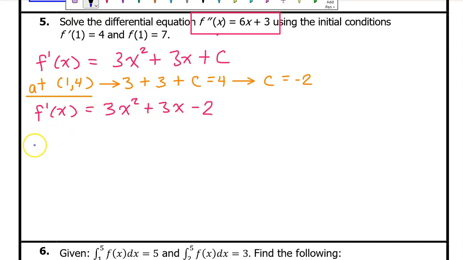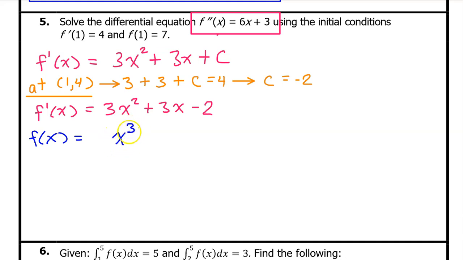So f of x will equal, we increase the exponent by 1, so that will be x to the third power, and then we divide this coefficient by the new exponent. That's 1, and we don't need to write it. For the second term, we increase the exponent by 1, so this will be x squared, and then we divide the existing coefficient by that new exponent, so that's 3 over 2.